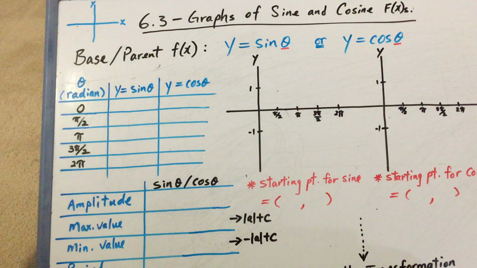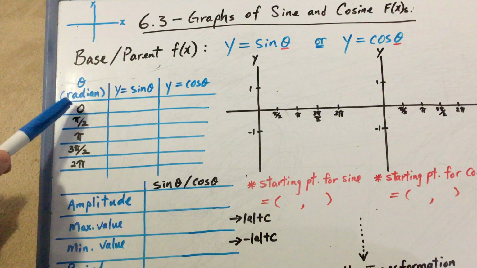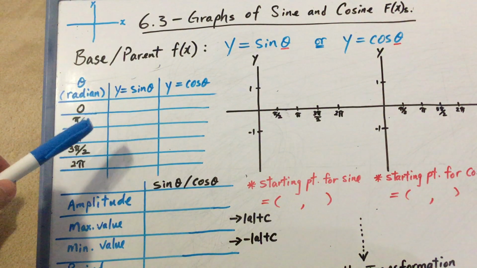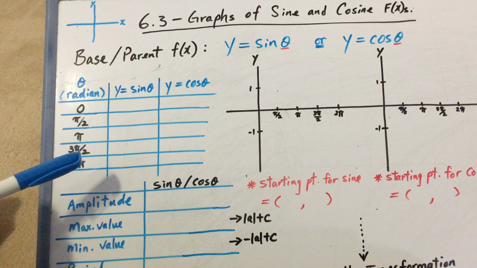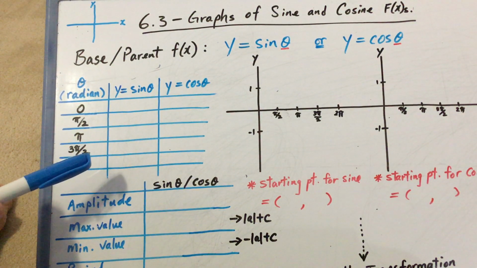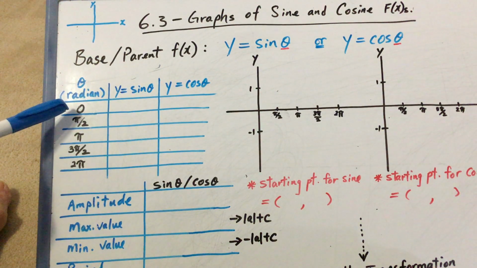Now, from the previous sections, we should know that when you're taking the sine of a certain angle, only certain angles will give you an exact form. That's why we learned about the two different groups of special angles. The first group is the angles that land on the axis.